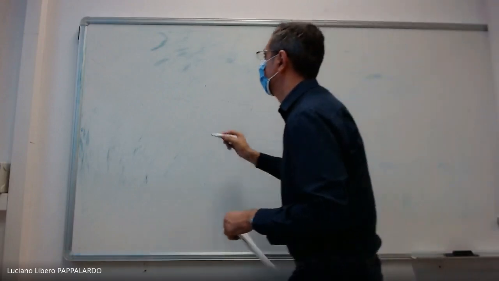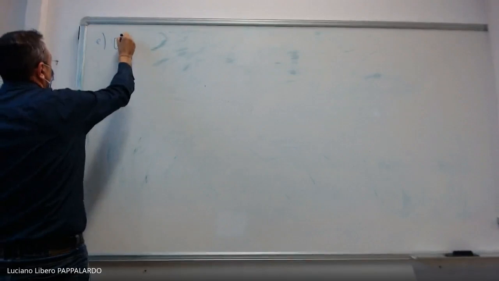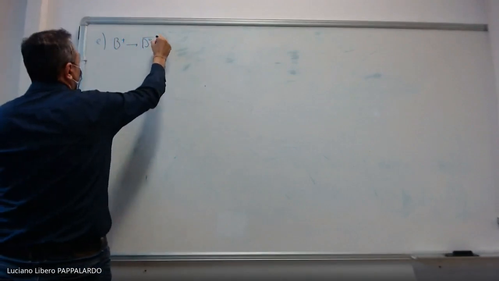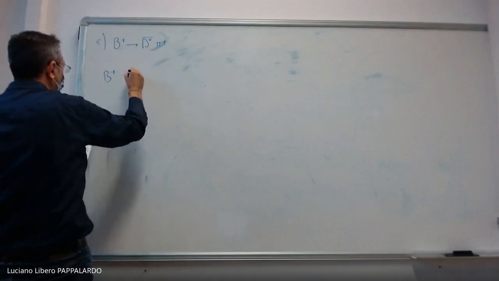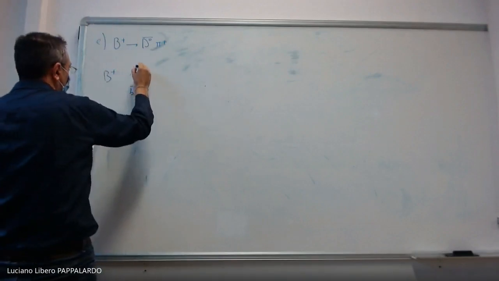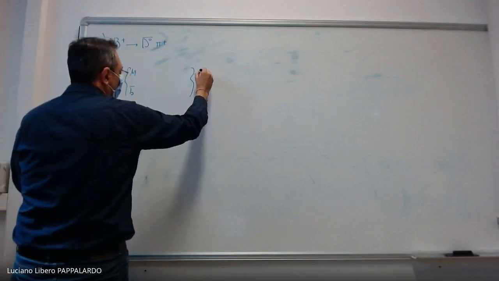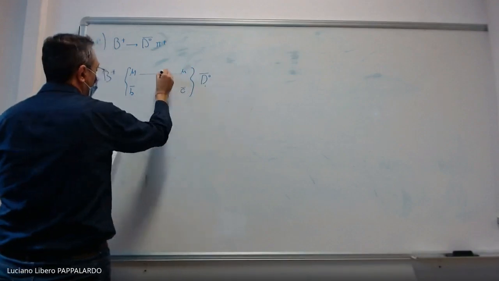Okay, let's start with the first one. So it is a B plus into D0 bar particles. So the B plus meson is a u b bar meson. The D0 bar is a u c bar meson. So it is spectator.